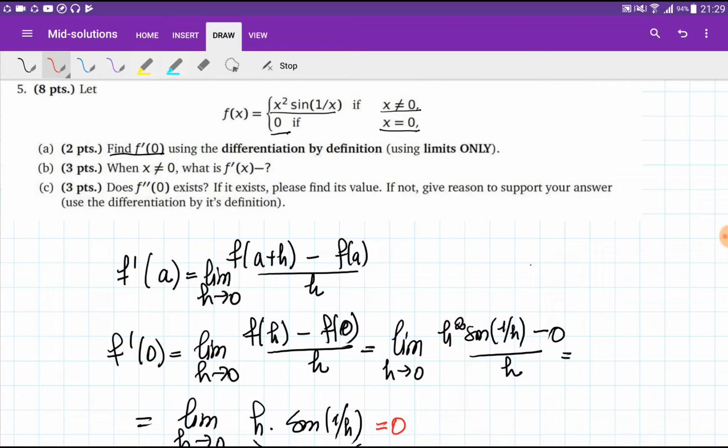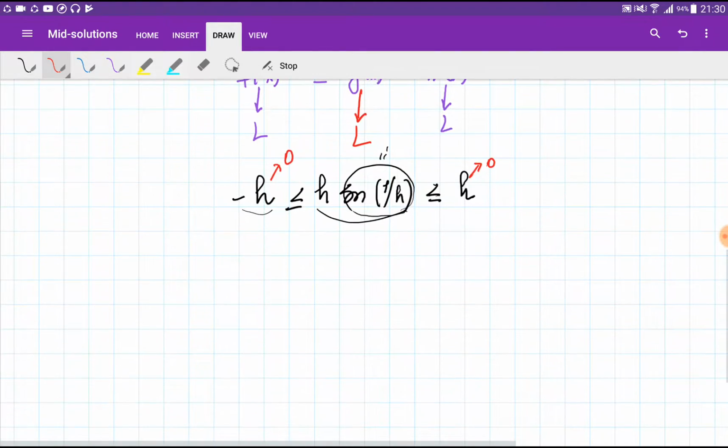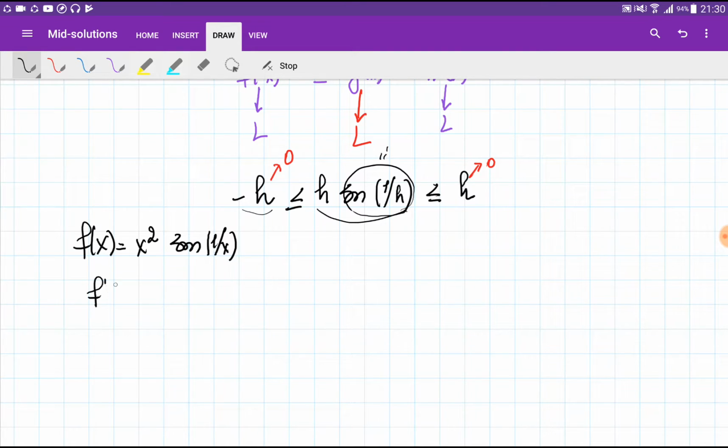On the second part of the problem, we need to figure out the derivative of this function when x is not equal to 0. Then we just need to use the derivation rules in order to find the derivative. We're given the curve f of x equal to x squared multiplied by the sine of 1 over x. So we just need to figure out what f prime of x is. We need to use the multiplication rule, right?